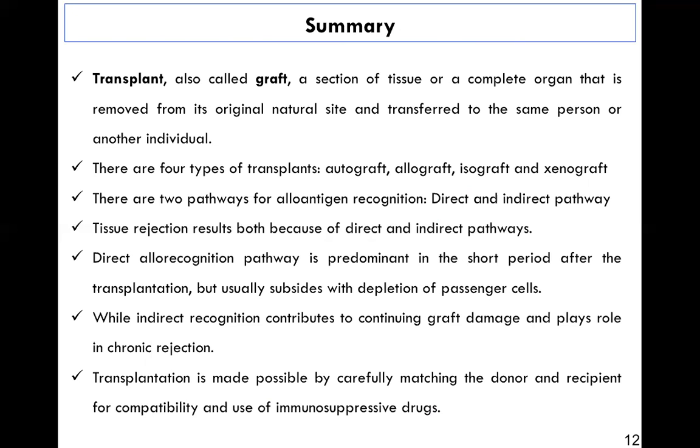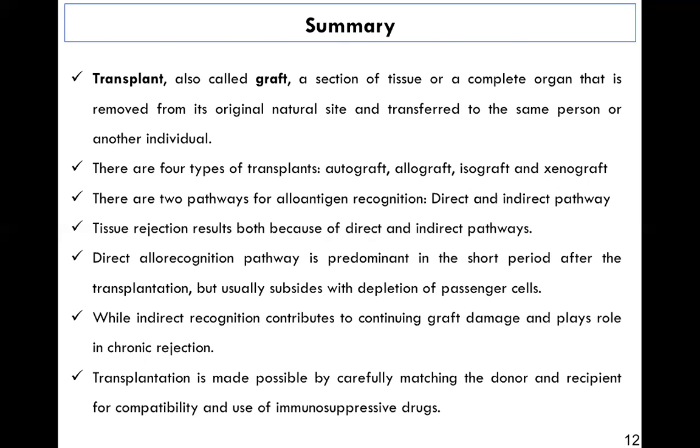Transplantation is made possible by carefully matching the donor and recipient for compatibility. What do we check for compatibility? The ABO blood type, and the tissue types through HLA testing. After matching with these parameters, we can use certain immunosuppressive drugs.